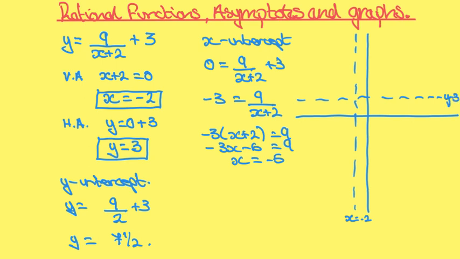We want our y-intercept at 7.5, and our x-intercept at minus 5. We know that it is a curve that goes up to the asymptotes. So we have got a graph that looks like that. So that is the graph of y equals 9 over x plus 2, plus 3.